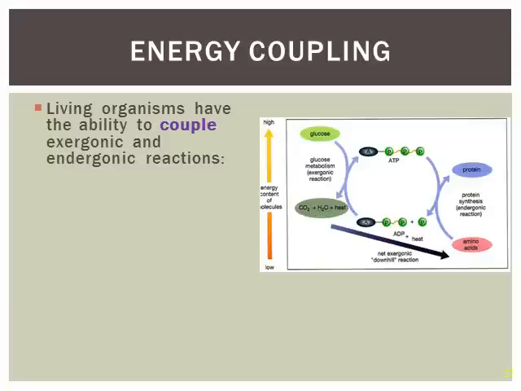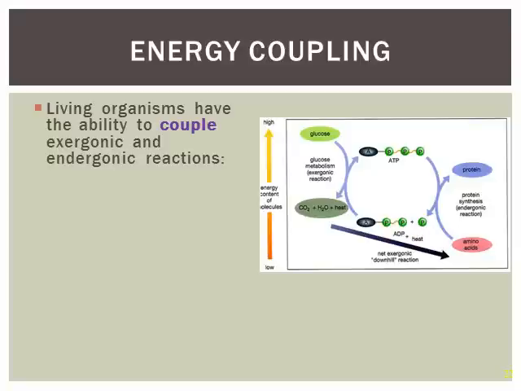Then we're taking that high energy molecule and looking over at the right-hand side, where we're going to do the same thing. We carry out the hydrolysis, the breakdown of ATP, and that's an exergonic reaction. We use that energy to take amino acids and form them into a polypeptide chain, which is an endergonic process.